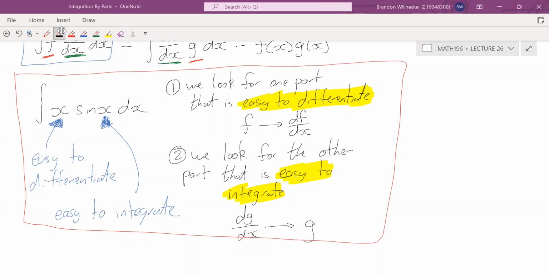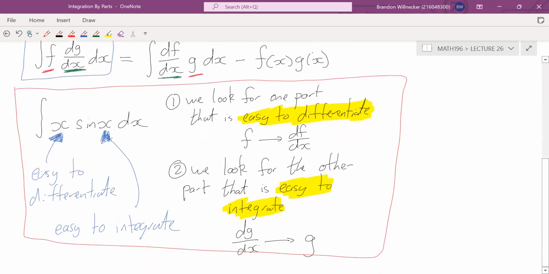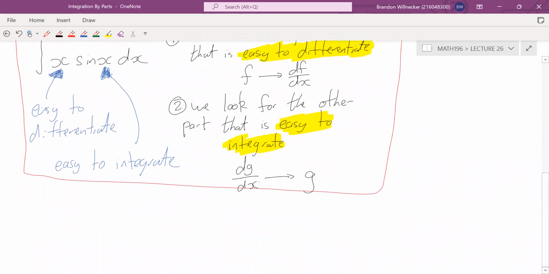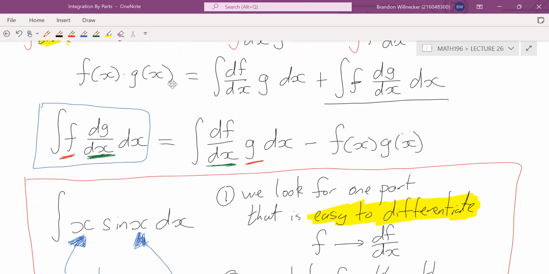Awesome. So just looking at this formula here with the f and the g, that's the standard formula, but it's a bit complicated to remember. The way that we do it instead is by writing it like this. It's a bit of a mathematical trick, but if we look at this, we've got dg by dx times dx.